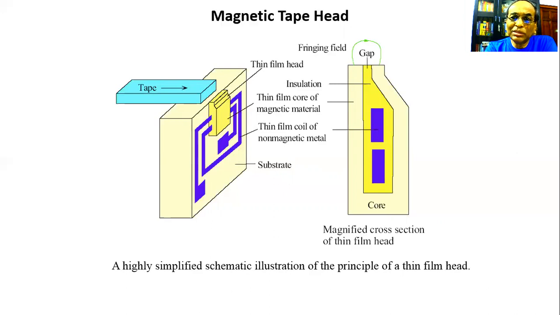So yellow is the insulation, and this white thing is the core of the magnetic material. The coil is made out of the thin film with the non-magnetic thin film of metal, and the whole thing is put on a substrate.